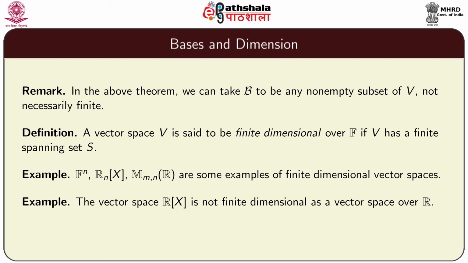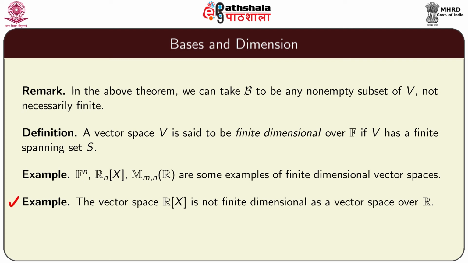Why? If you just recall, then F to the power n is spanned by e1, e2, en, the so called canonical basis. R_n[x] is spanned by 1, x, x square and so on x to the power n, and M_m×n(R) is spanned by the matrix units, and each one of these is a finite set, and therefore, these vector spaces are indeed finite dimensional.